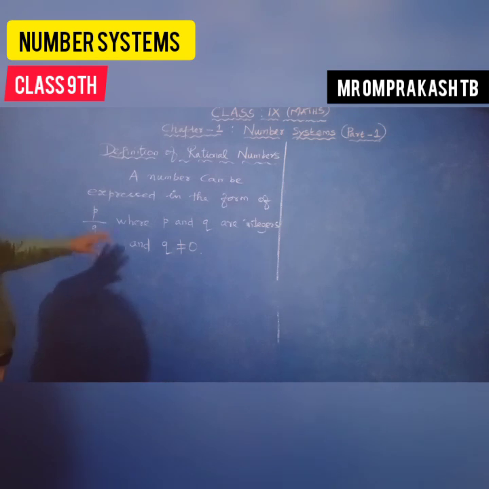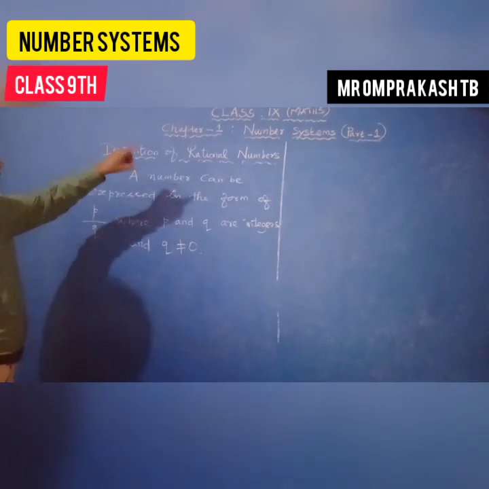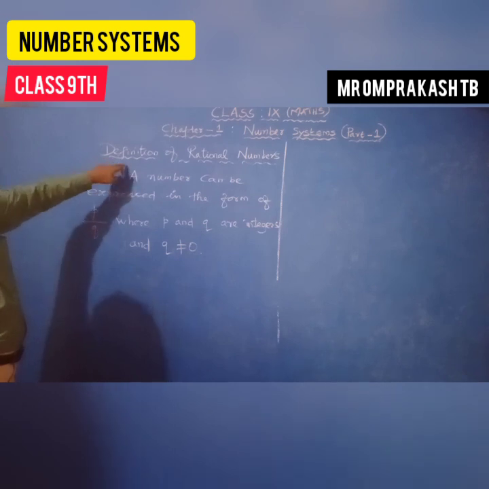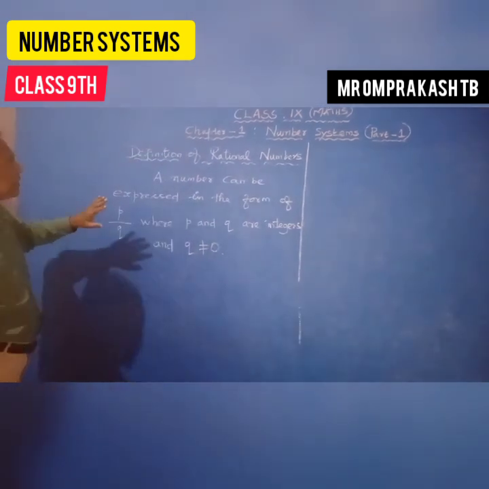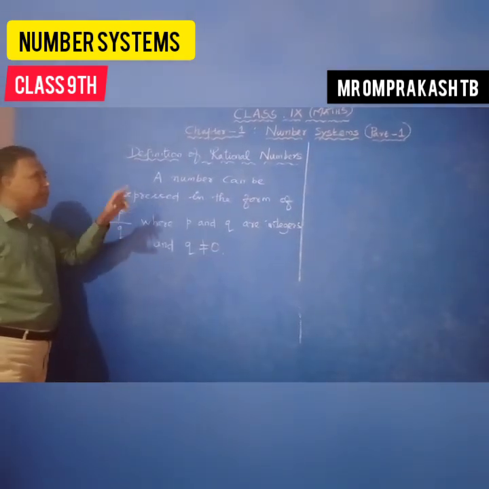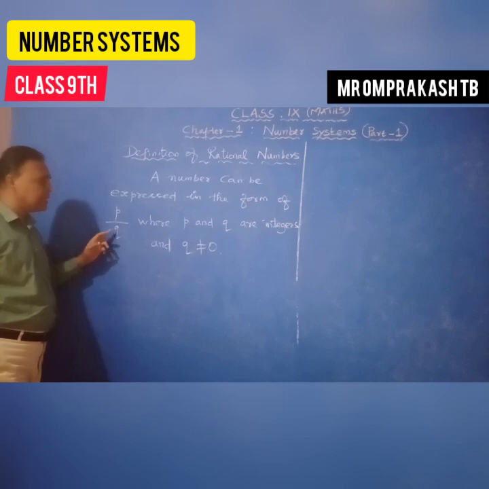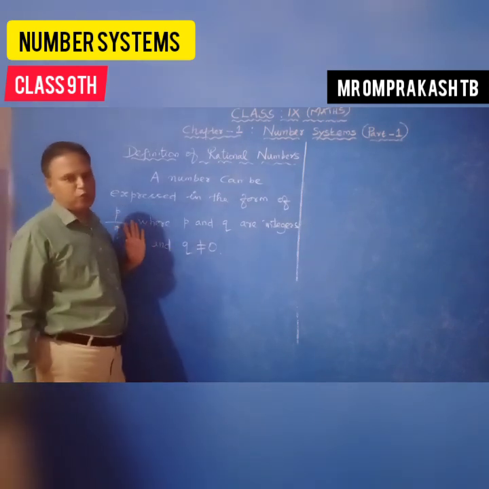So in 9th class you are going to study more about rational numbers and irrational numbers. That's why I am giving once again this definition. A rational number is a number that can be expressed in the form of p by q, where p and q are integers and q is not equal to 0.